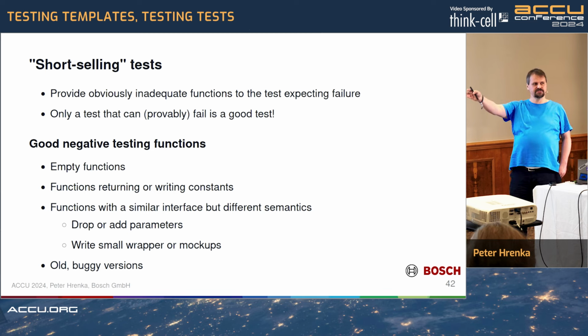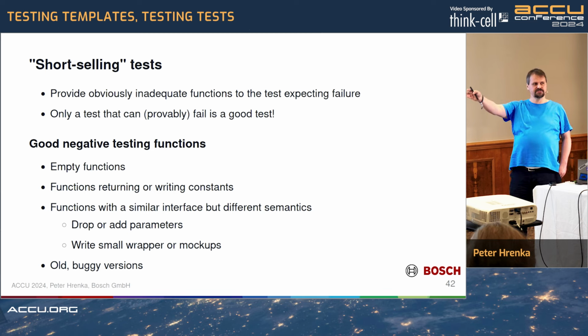We want to see the test fail. If the test is not failing, it could be anything. It could have no assertions, it could be broken, it could be optimized out. I don't know.